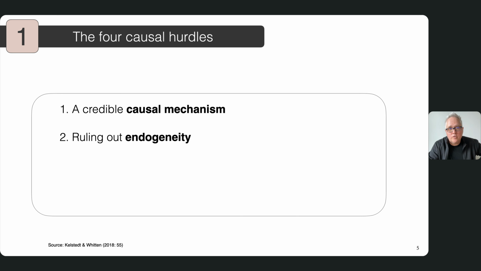Our second causal hurdle is ruling out endogeneity, that we need to make an argument that suggests that our outcome is shaped by the predicting factor and not the other way around. So if we argue that the electoral institutions increase or decrease the risk of election violence, endogeneity would be that election violence also has an effect on electoral institutions, which could be the case over a longer period of time.